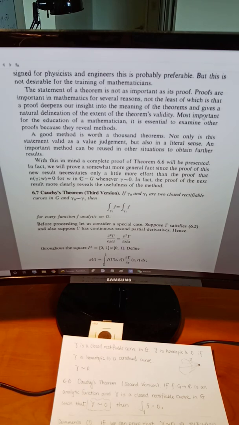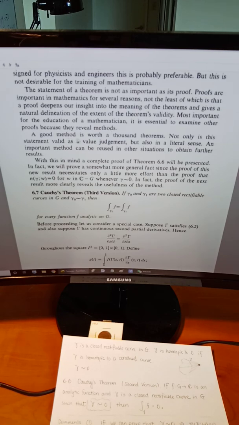Most important for the education of a mathematician, it is essential to examine other proofs because they reveal methods. So the author wanted to emphasize the proof, the nice proof will give us the method, like the method to solve mathematical problems, not method to solve the daily problem.